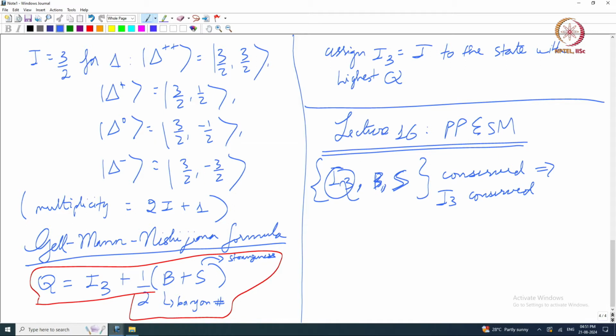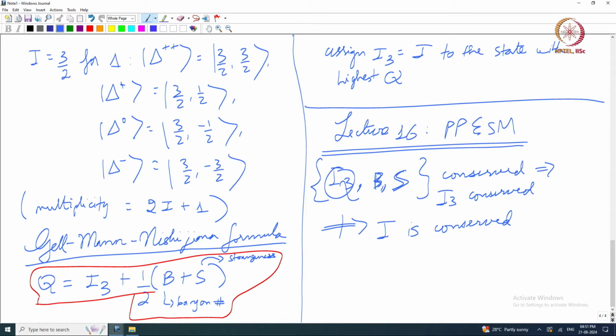This does not imply that the total isospin is conserved. That is not what this formula says; the total isospin could be whatever.